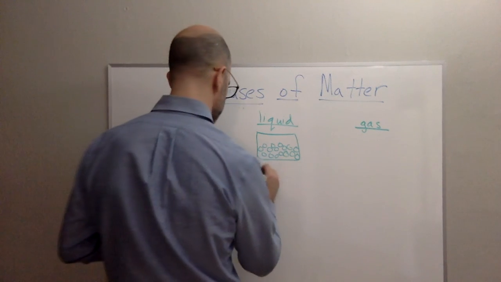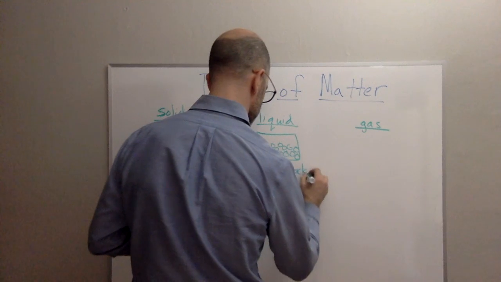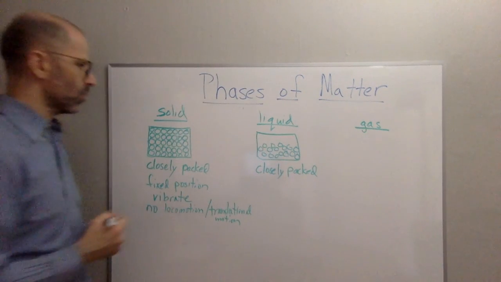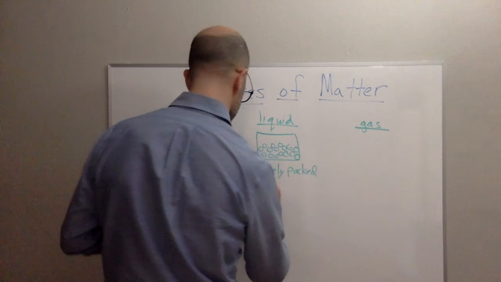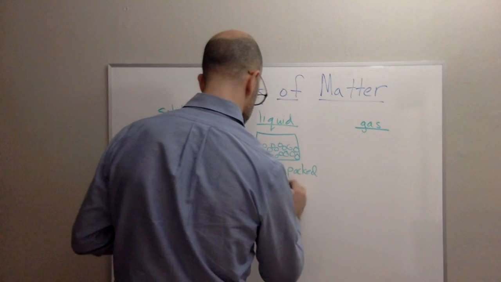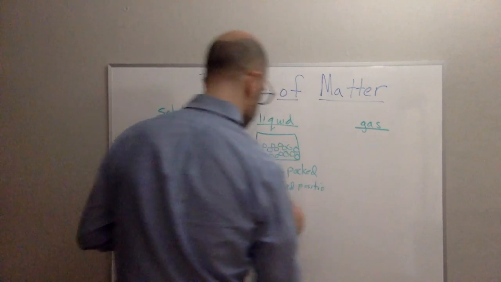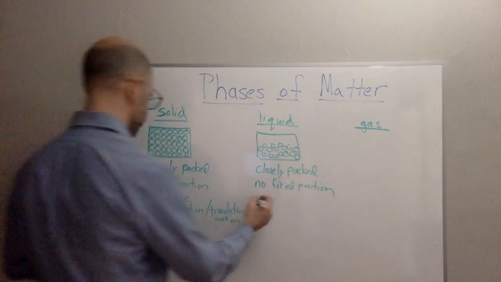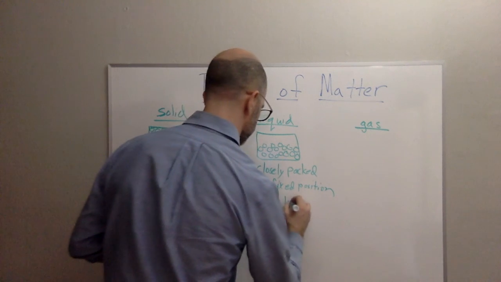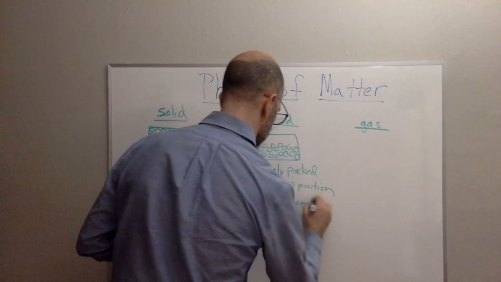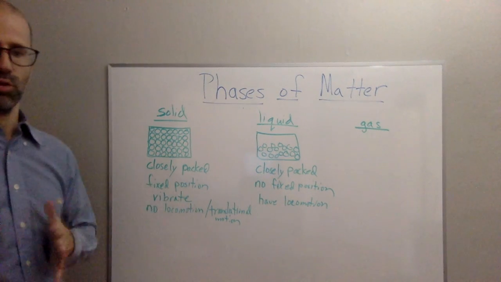So they're still closely packed. However, the difference is going to be that now you can have locomotion. So there's no fixed position. They do have locomotion or translational motion, so they can move around.